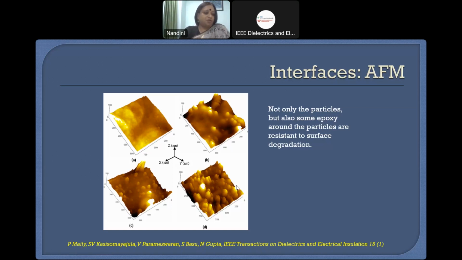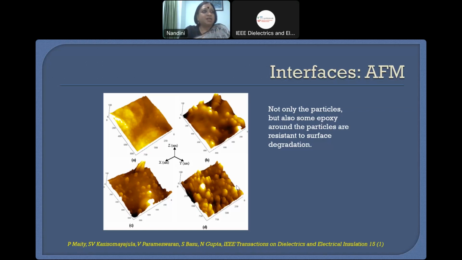But there is a conundrum. The size of the globules that we see in AFM are much larger than the size of the particles, which means that it is not only the particles which are able to resist degradation, but also there must be some epoxy around the particle, which is sticking to the particle, which is also being able to resist degradation to a certain extent.